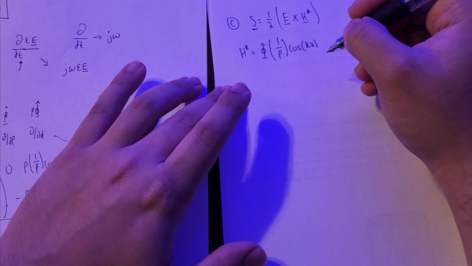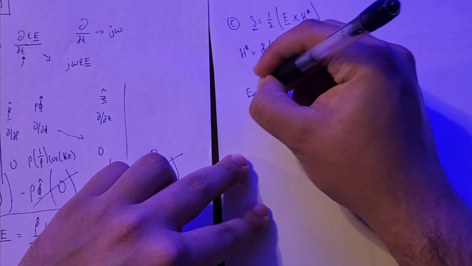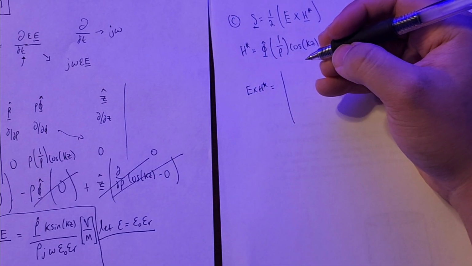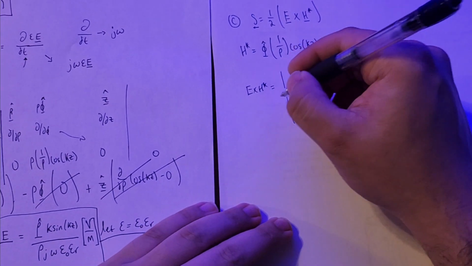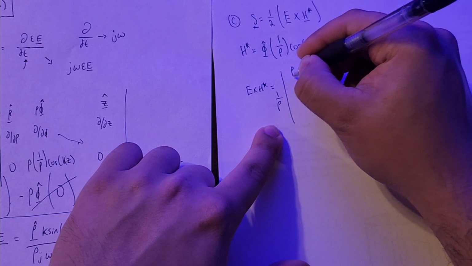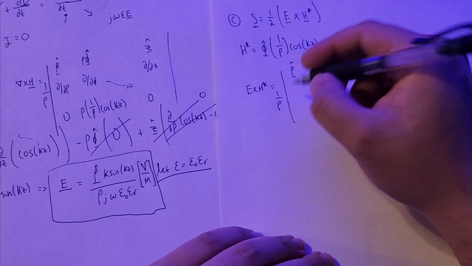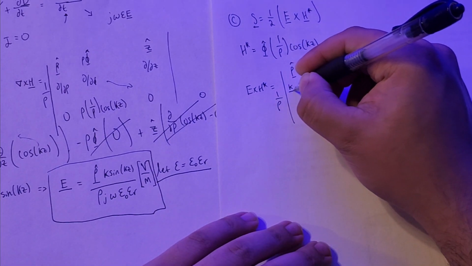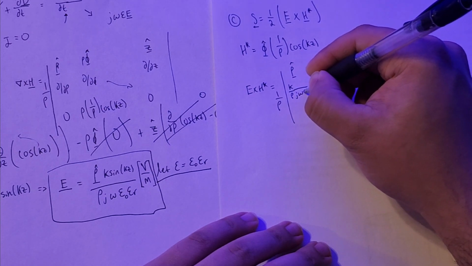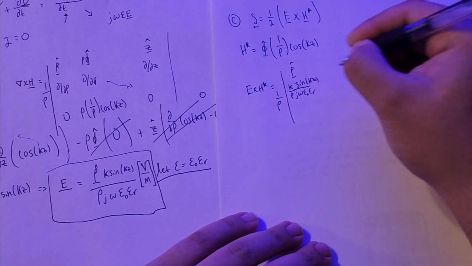Okay, but we also know E. E is what we had gotten before, so let's take the cross product. So E cross H conjugate is equal to, going back to our cylindrical coordinates, we're doing another matrix. We have 1 over rho, make sure not to forget this. We have rho hat. Okay, what has rho hat? Well, our E has rho hat. We have k over rho, and then we can put this whole thing j omega epsilon naught epsilon r k sine of kz.